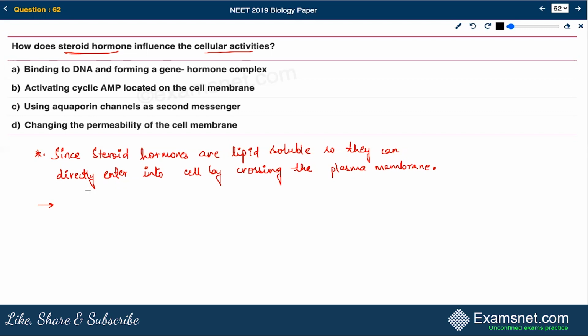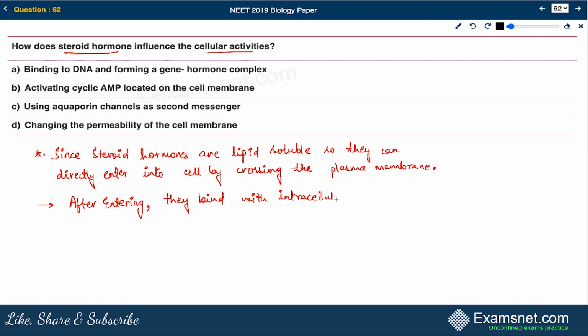Those are actually considered to be the intracellular receptors. All right, so after entering, they bind with intracellular receptors, because they need to be carried on towards the nucleus for affecting the cellular activity.